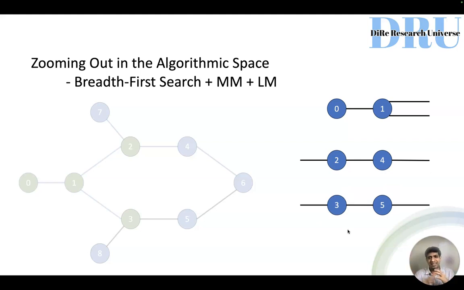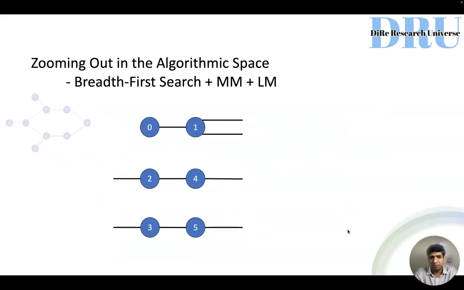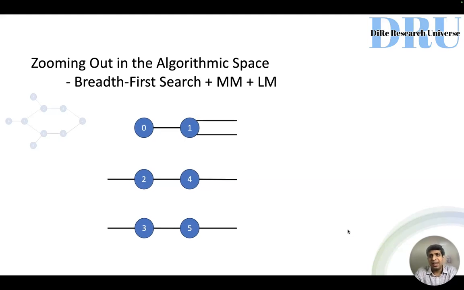So again, we have 6 vertices that form a vertex cover for sure, but this is not minimum yet. So what we do is something that we did previously. We remove any vertex at each level, removing which will not affect the set of vertices being a vertex cover.